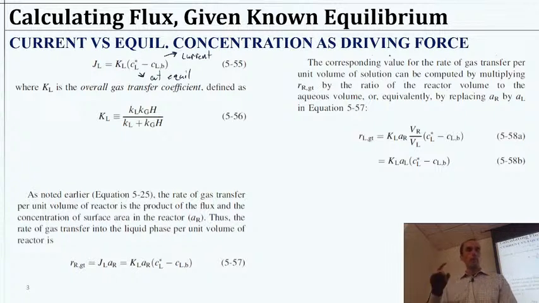So we can convert from the flux, which would be kind of a speed at which gas is transferring, a flow rate per area type of deal. Well, then we can account for the area. So if we have bubbles, that's the surface area of each bubble times how many bubbles we have. If we account for that, then we have the total rate.